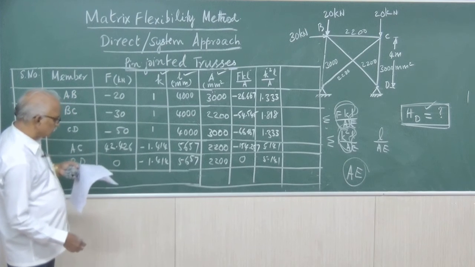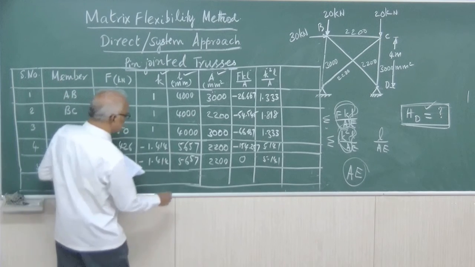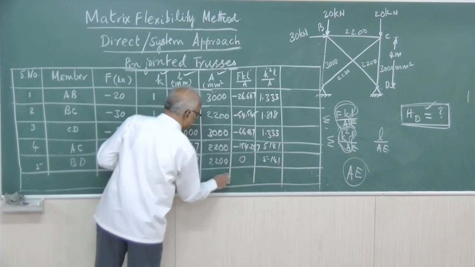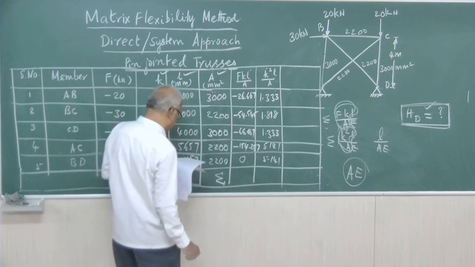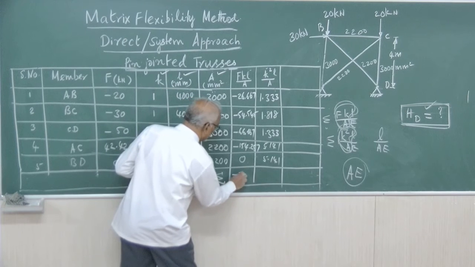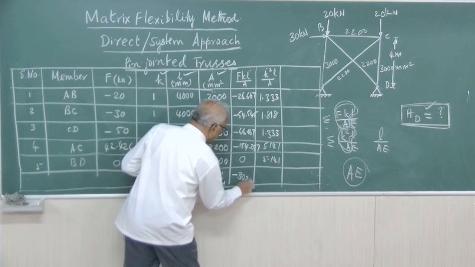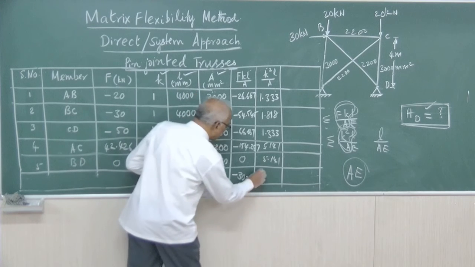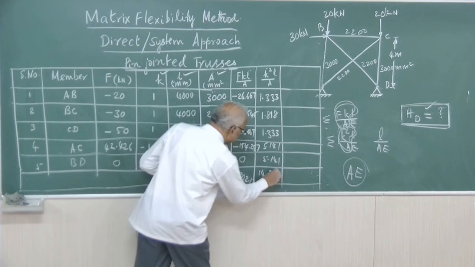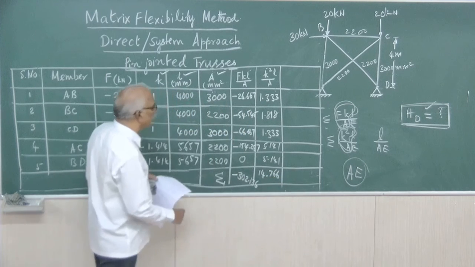Right. Now, the sum of this is required. That sum is equal to minus 302.136, and this value is 14.766. Right.